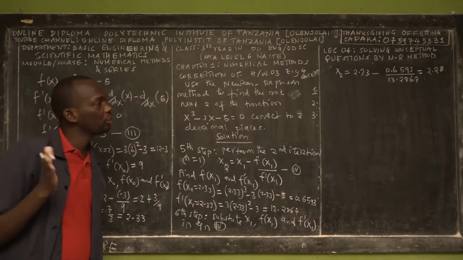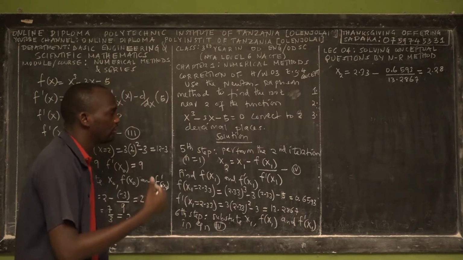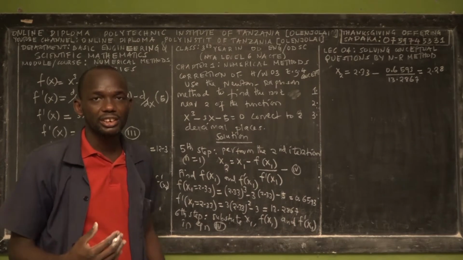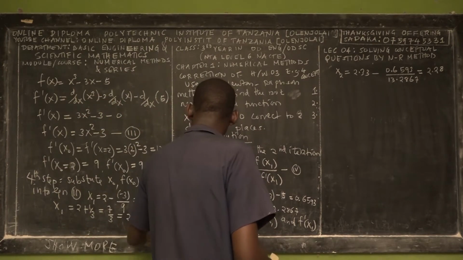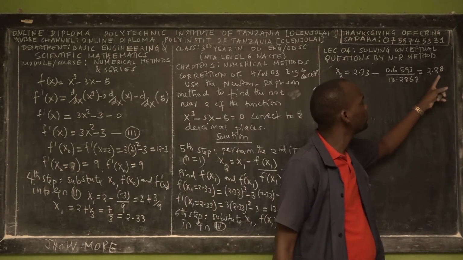So the next step, we know that our limit is we have to do the iteration until we find two consecutive values of the root of the function that are closely equal. So you can compare. Is 2.33 equal to 2.28?